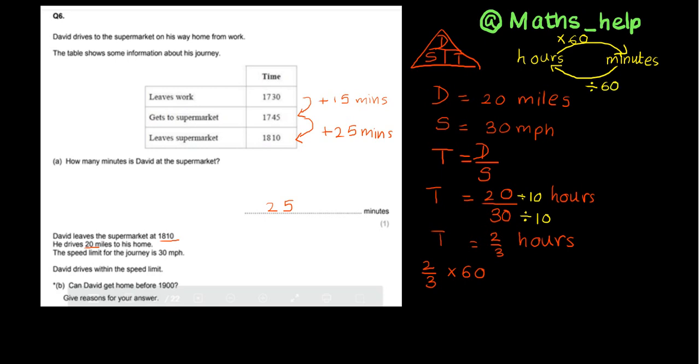Okay, so let's get back to this question here. So this is the same. I can do 2 times 60 is 120, and 120 divided by 3. So I multiply by the numerator, divide by the denominator, and that'll give me 40 minutes.